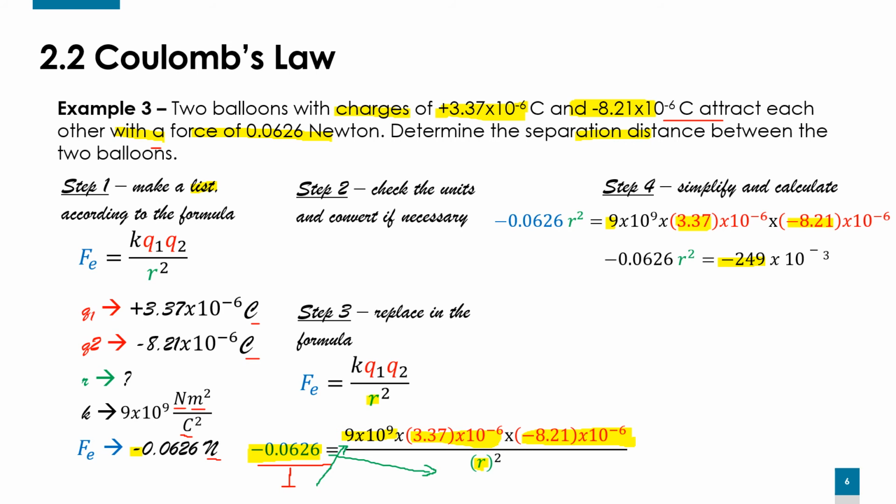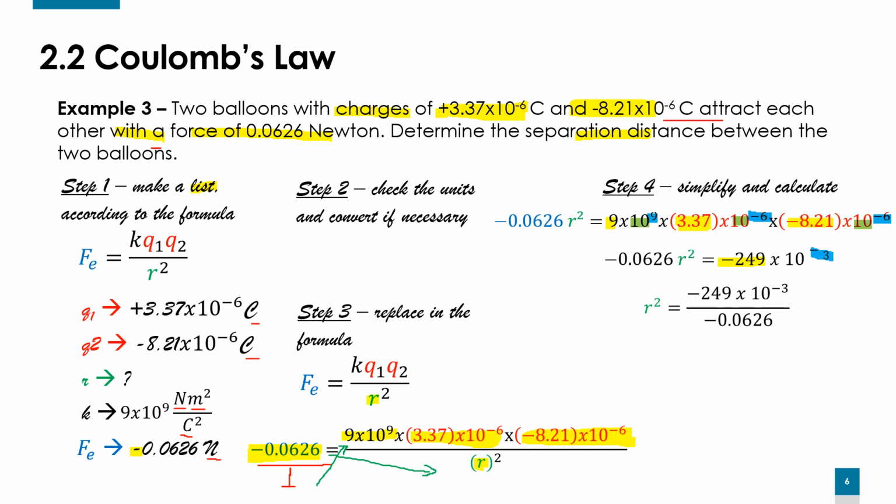Now, what about the exponent? So I have 10 to the power of 9, 10 to the power of minus 6, and 10 to the power of minus 6. If I add all of them, because I'm multiplying, 9 minus 6 is 3, and 3 minus 6 is minus 3. So 10 to the power of minus 3.